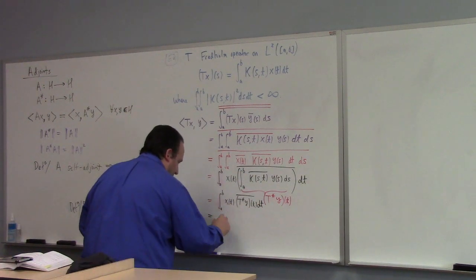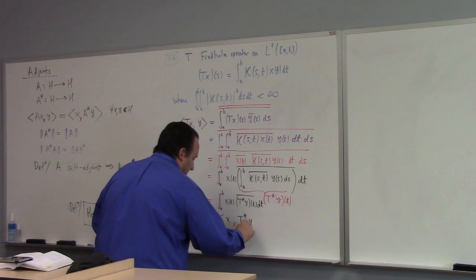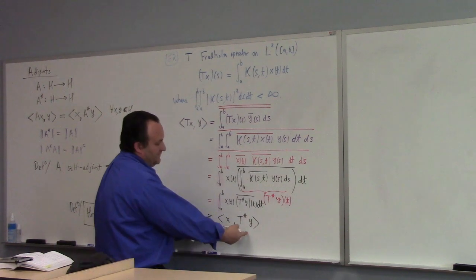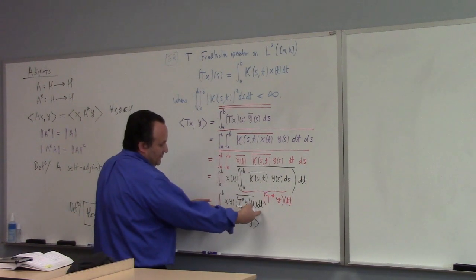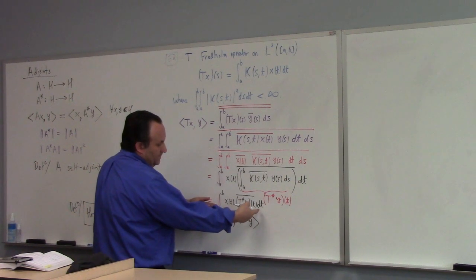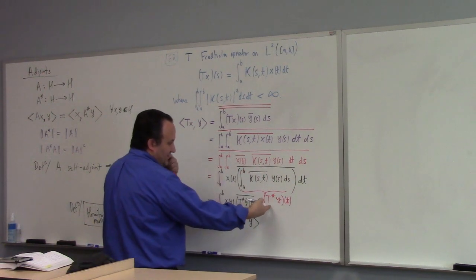That is working backwards from what I'm expecting, x, T star of y. T star of y is the definition of the adjoint, and this is the definition of the inner product on L2. I'm just making the identification that the thing under the conjugation has to be the adjoint here.